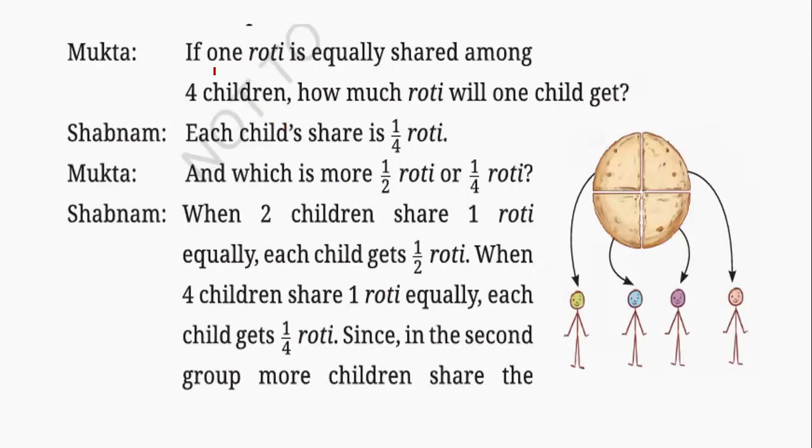If one roti is equally shared among 4 children, total number of parts is 4, and one child gets one part.